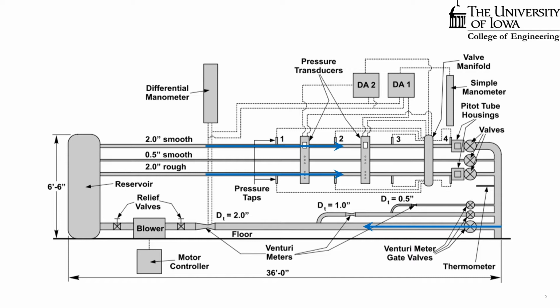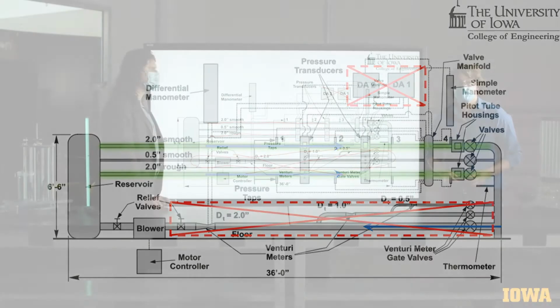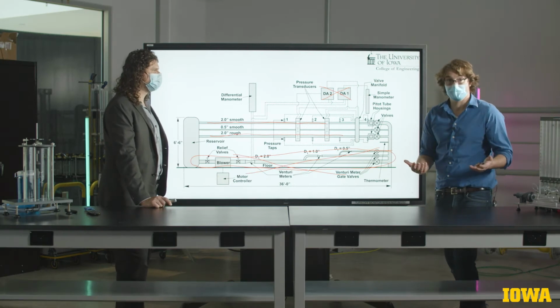We're going to be focusing on this 2-inch smooth pipe, this 2-inch rough pipe, and we'll be neglecting the treatment of the return pipes, leaving that for future work that's going to be dealing with instrumentation as well as minor losses. Now, a few of the other elements we won't be discussing include the electronic data acquisition systems, because we'll be collecting our measurements, although digitally, manually.